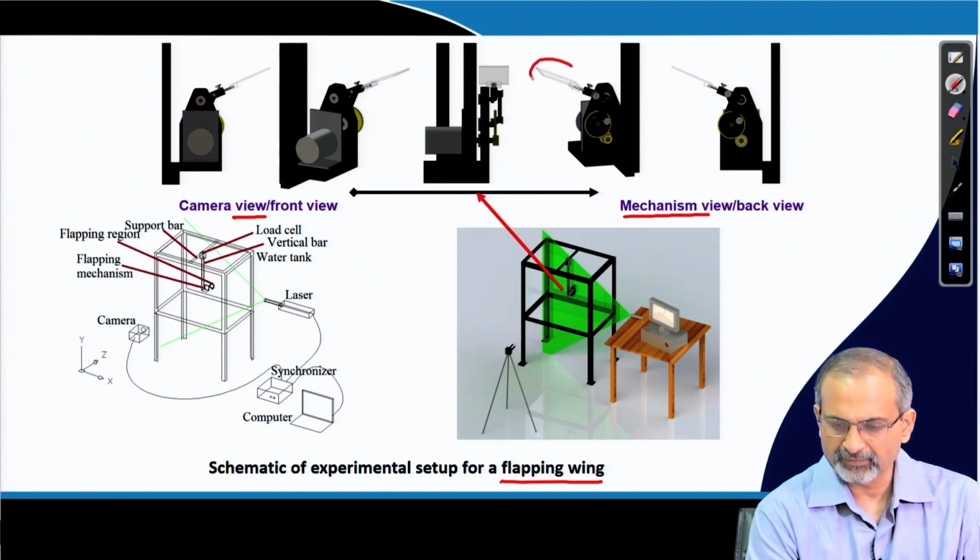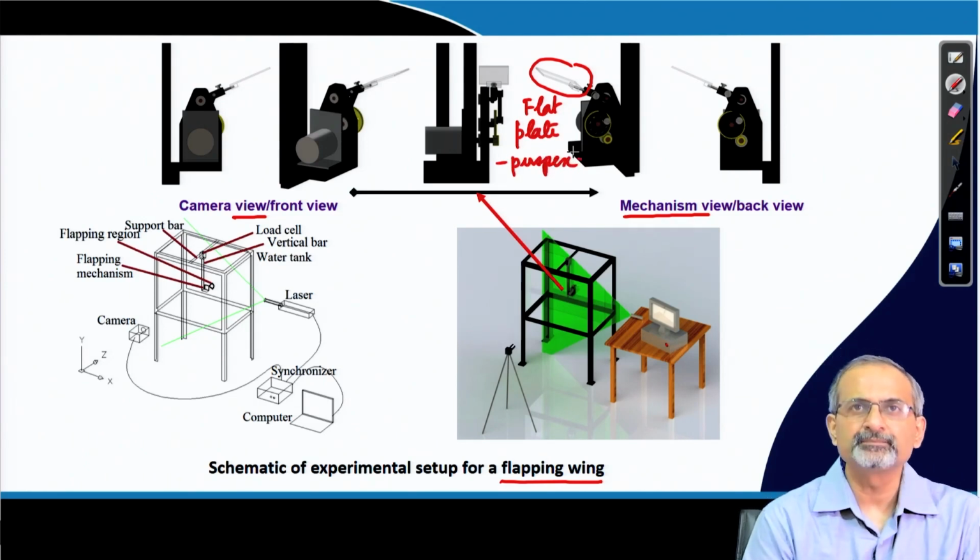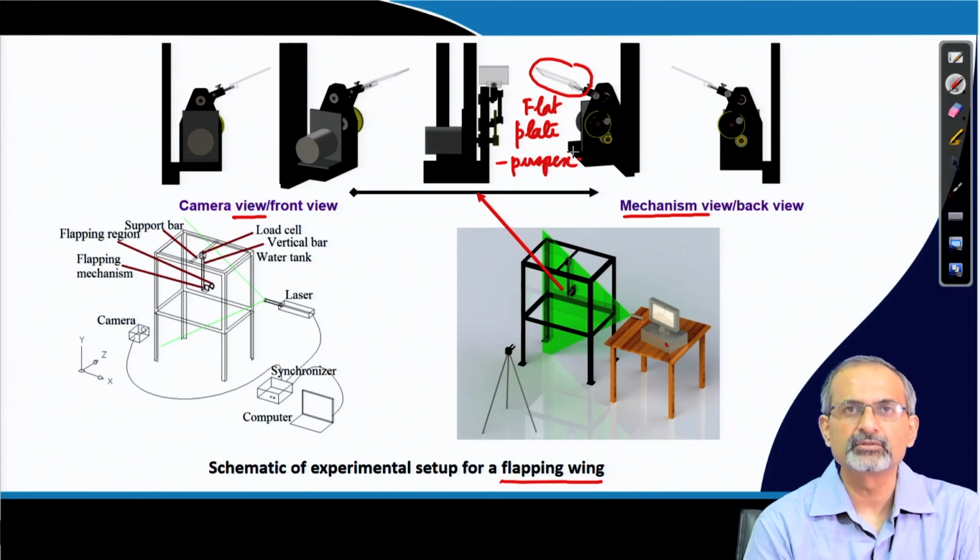So, there is a flat plate here which is made out of perspex, and it is going to be immersed in water. The water will be laden with tracer particles like glass globules, and then you will have a laser light sheet.